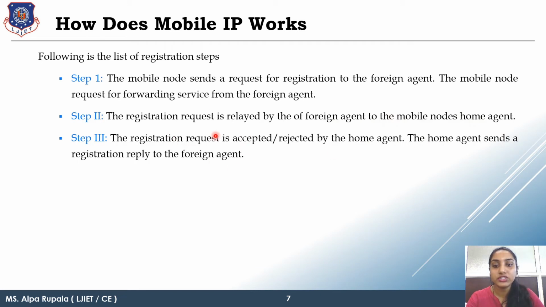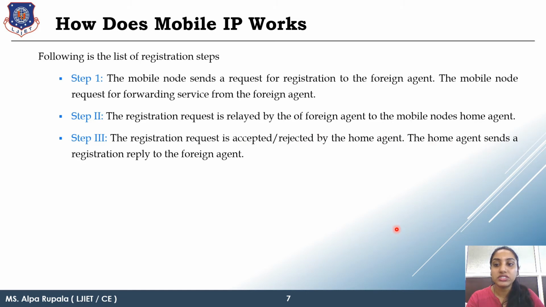Now the home agent can accept or reject that request according to the digital signature comparison. If both are identical, then it will be accepted. If not identical, then it will be rejected. So the home agent will verify and accept or reject the request accordingly.